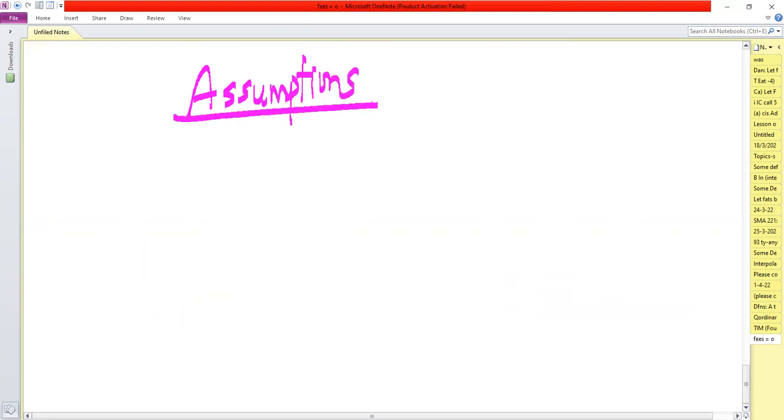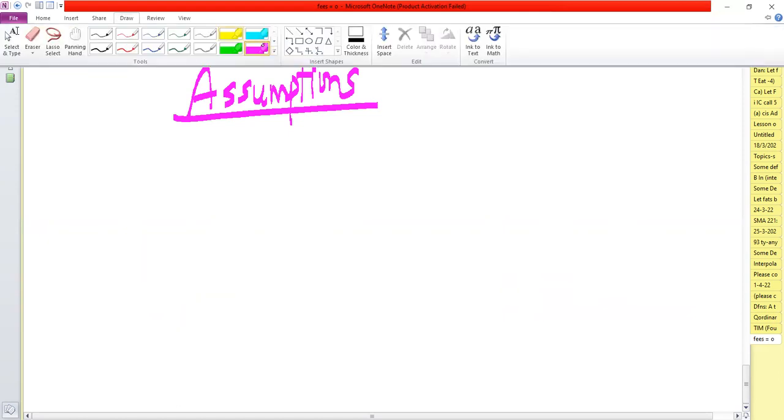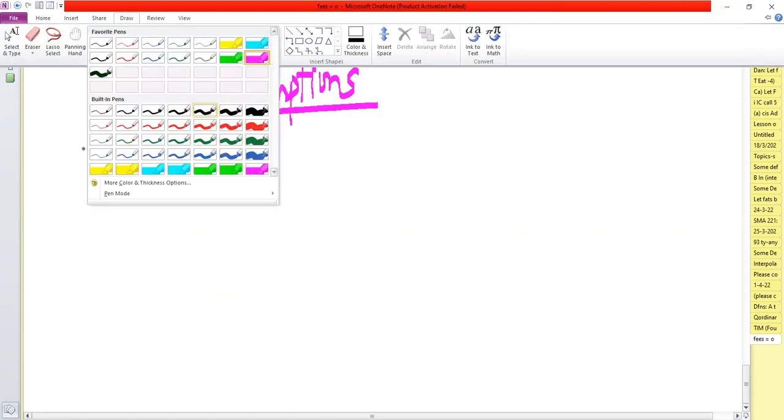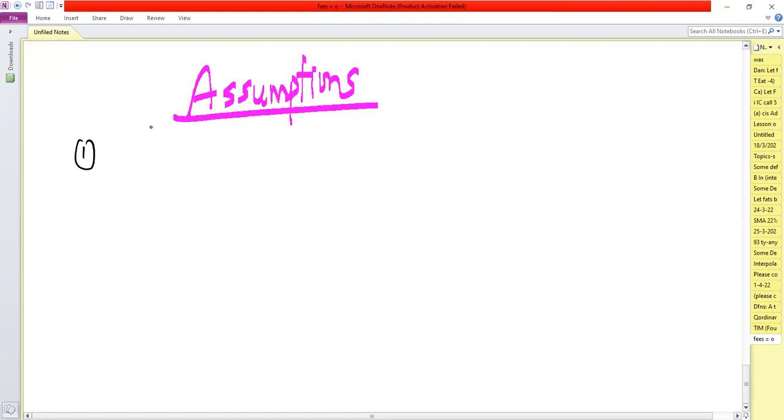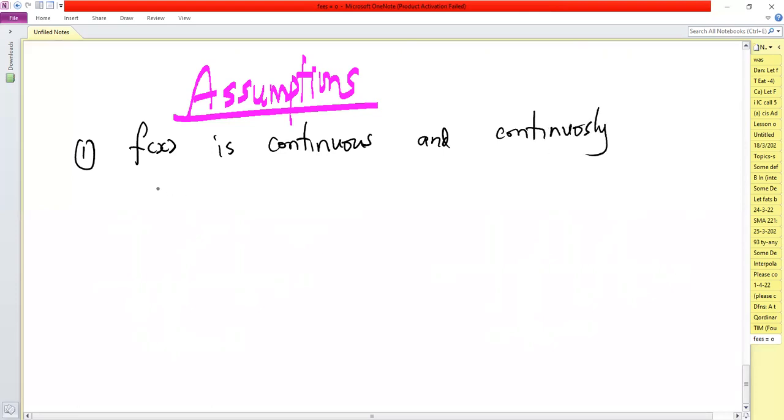So the first assumption: f of x is continuous and continuously differentiable up to a sufficient number of times.